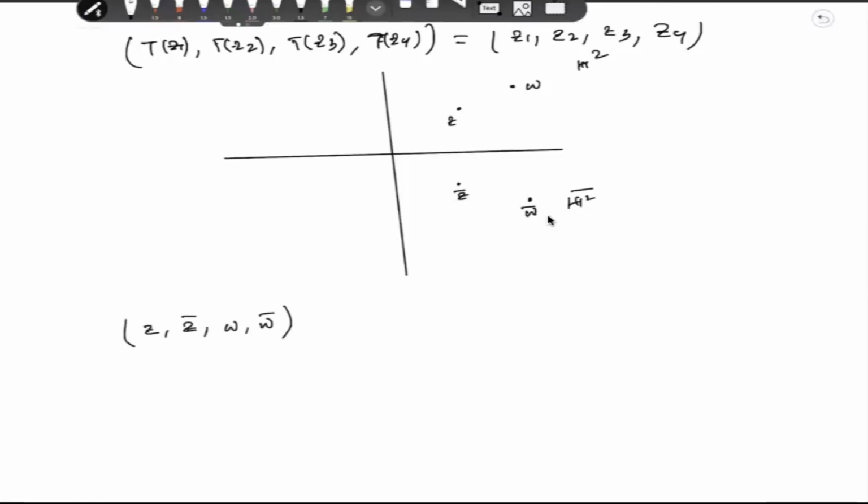T is a Mobius transformation, so T can extend to C union infinity. T will preserve the cross ratio of T(Z), T(Z bar), T(W), T(W bar). So this will imply that Z, W, Z bar, W bar, all in the complex plane.